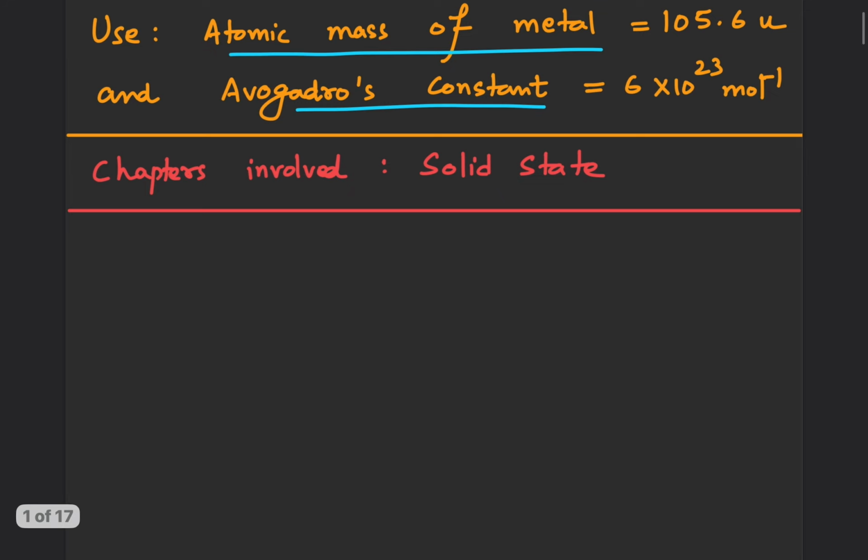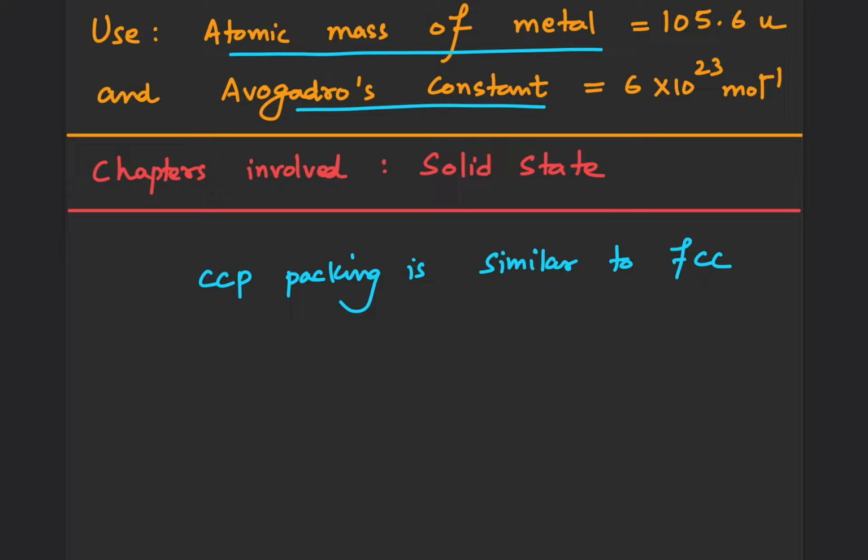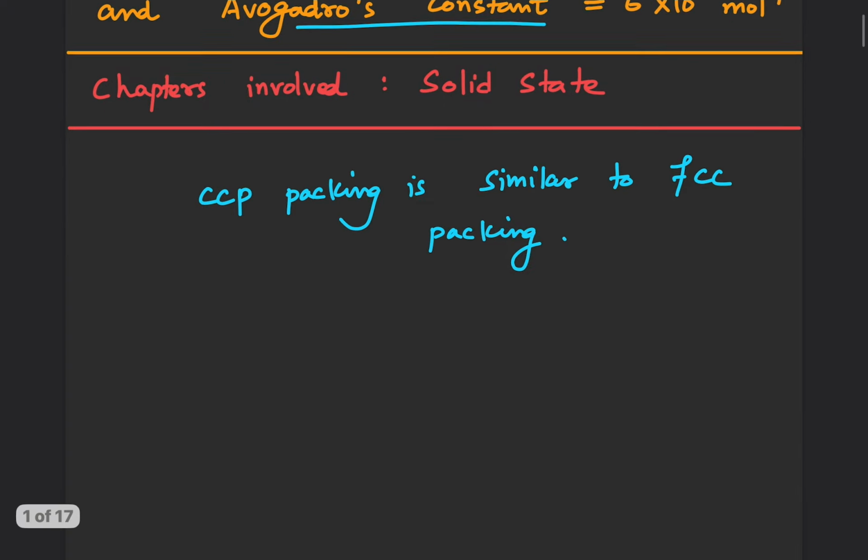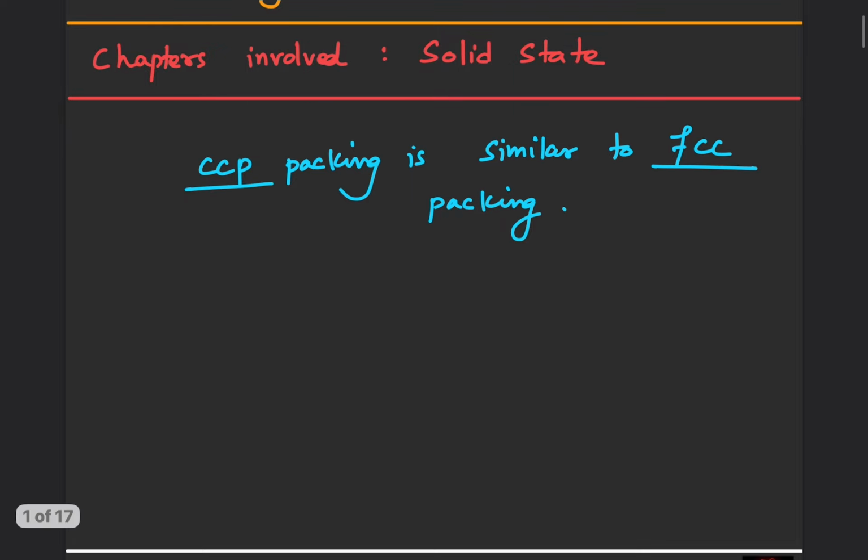Okay, so I will write this point down, that CCP packing is similar to FCC or face centered cubic packing. Okay, and we know that FCC has 8 atoms on the corners and 6 atoms on the faces. So whether I say CCP or whether I say FCC, they're the same thing.